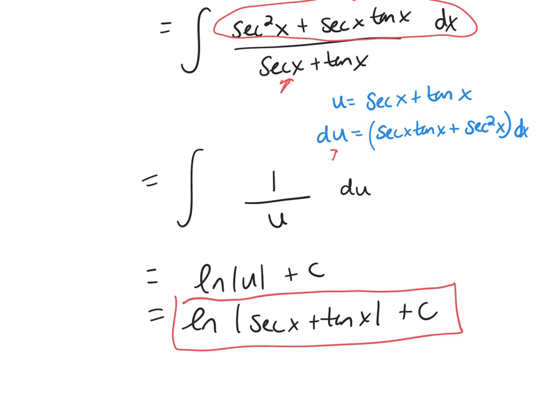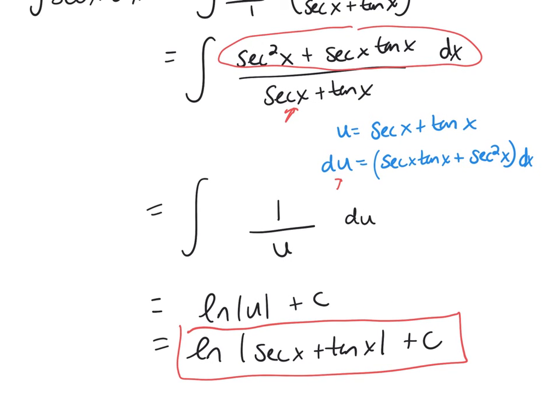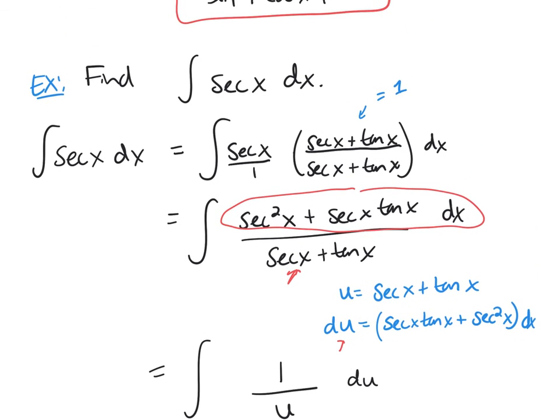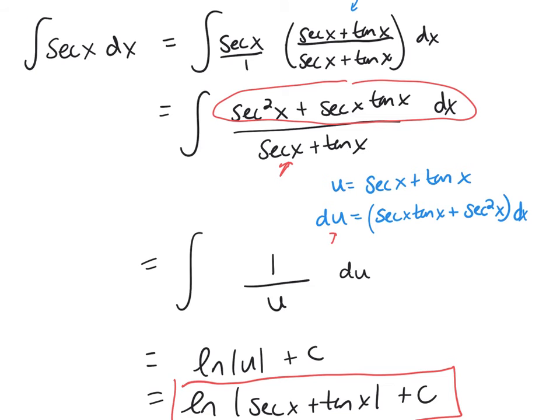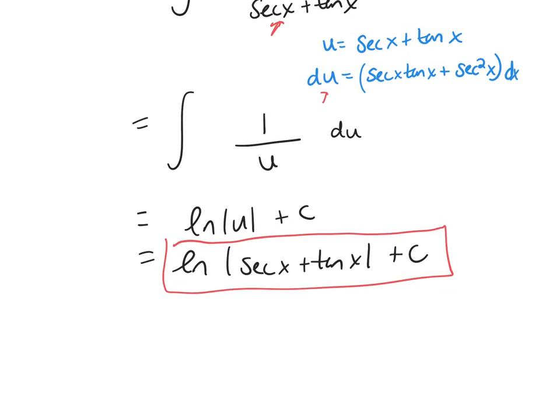So again, for this very special integral, for secant of x, we had to do this special trick where we multiplied by secant x plus tangent x in the numerator and denominator. And after we did that, we were able to do a u substitution and compute this integral.